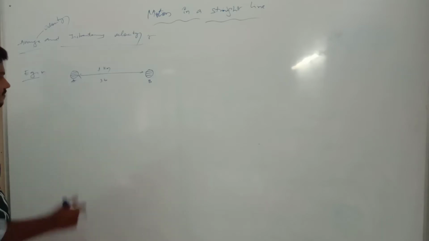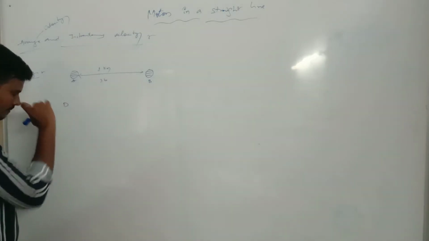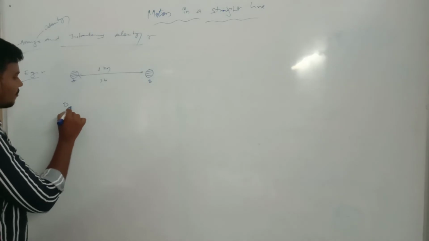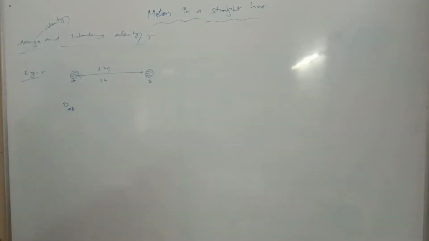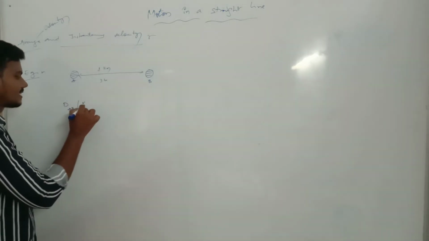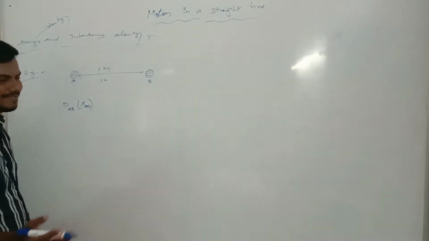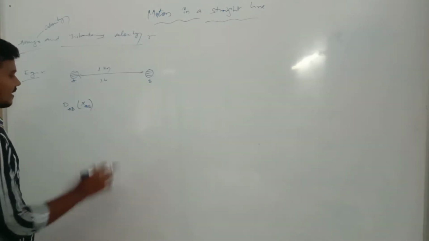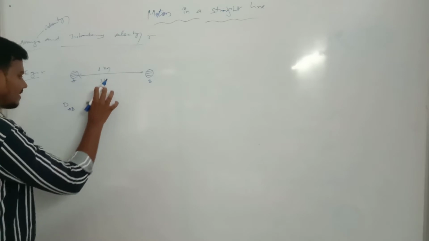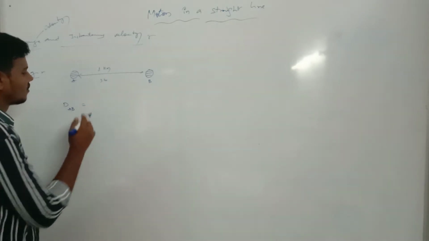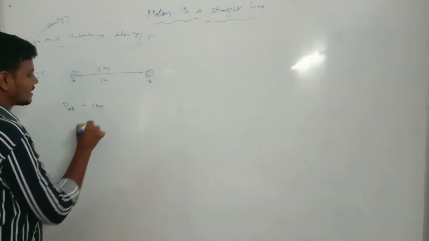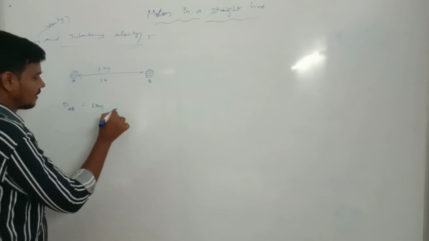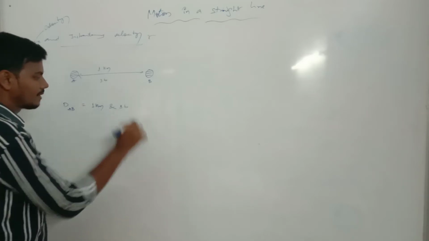The displacement of A to B, or x of AB, is 1 kilometer of displacement and 1 hour of time period.